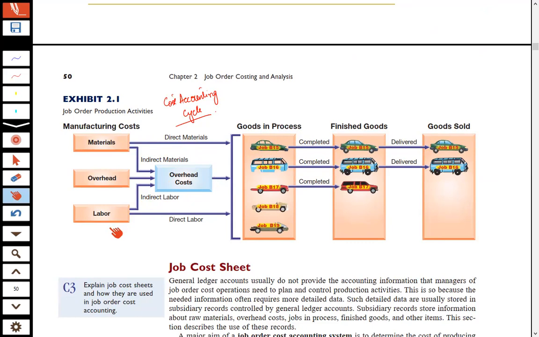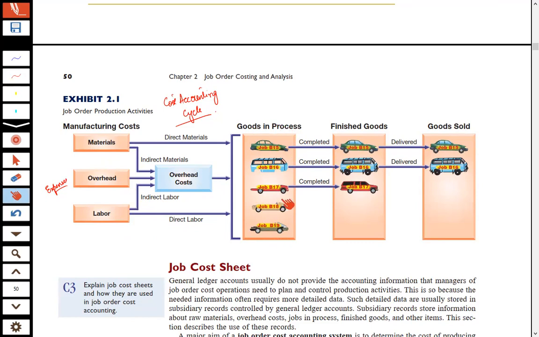Similarly, labor, that is payroll. Direct labor goes to the goods in process, and indirect labor goes via overheads to the goods in process. And overheads themselves are expenses. They all form the goods in process.